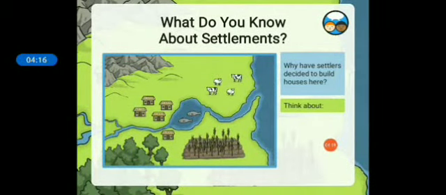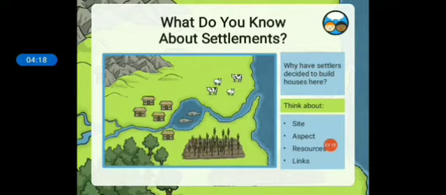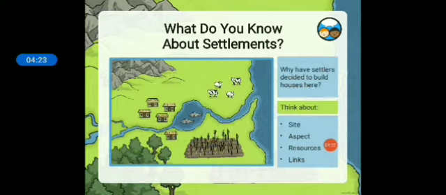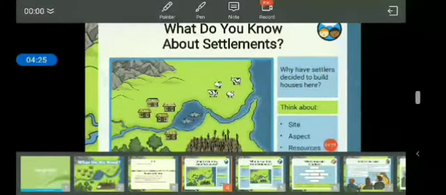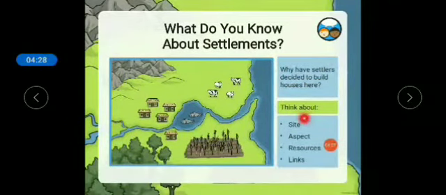Just think about it. Okay, could it be because of sites? What do you think? Is it because of sites here? Now, when we talk about sites, we are talking about the environment. Is it because of the wonderful things that they can find around the settlement environment?